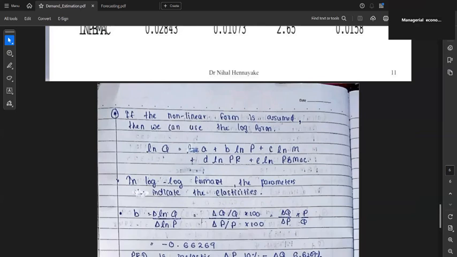If you expand this, the change in log of Q over the change in log of price, you multiply the denominator and the numerator by 100. Then, as you can see, you obtain the formula for elasticity.